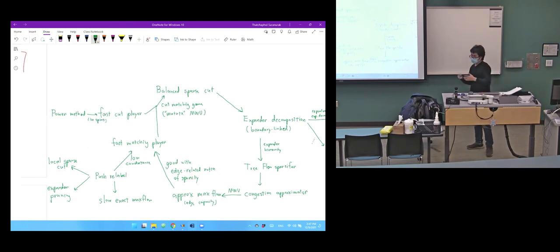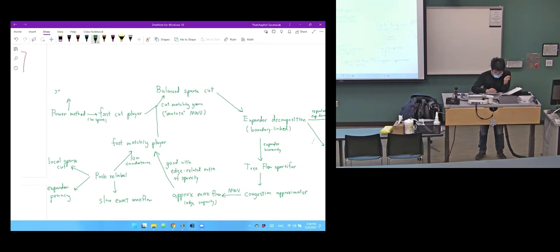But they are based on computing, looking at the spectral, like looking at eigenvalues and so on. But you also see that the power method itself by Cheeger, when you want to find a Cheeger cut, you can use it to get some approximate sparse cut too.